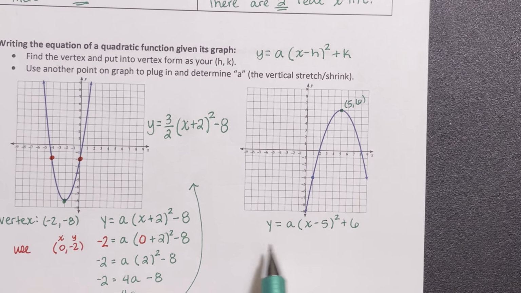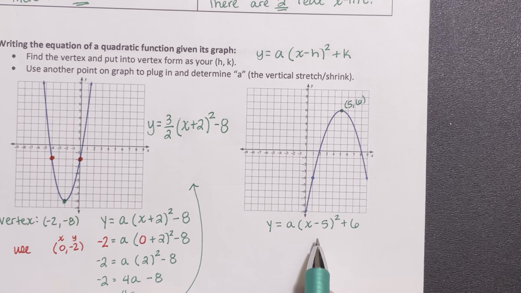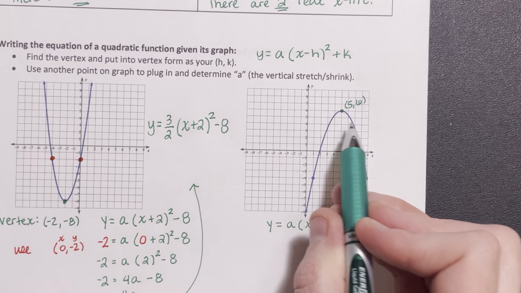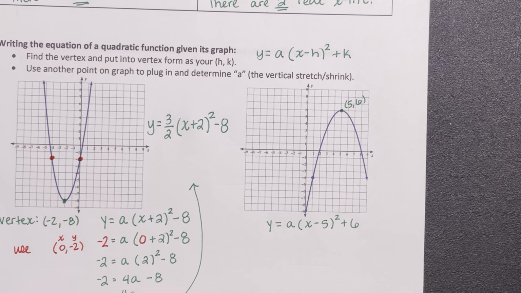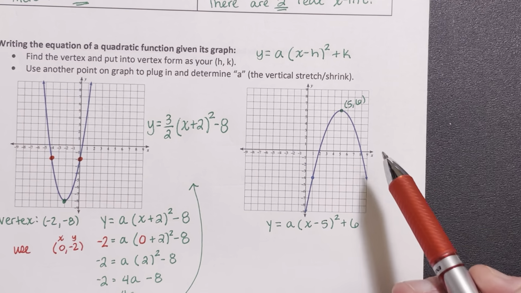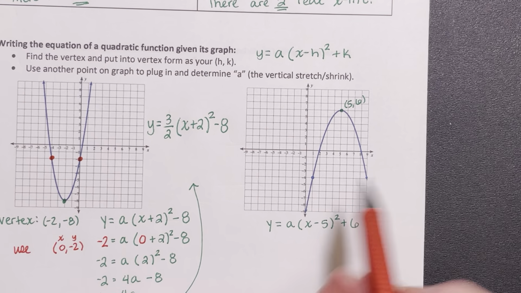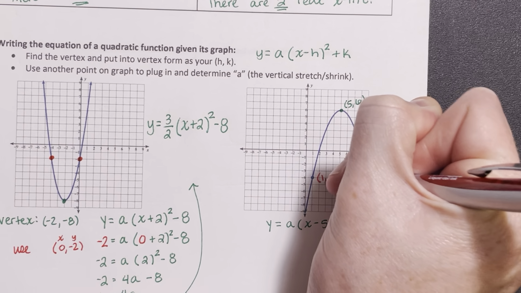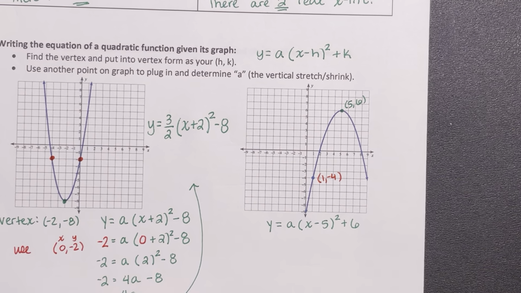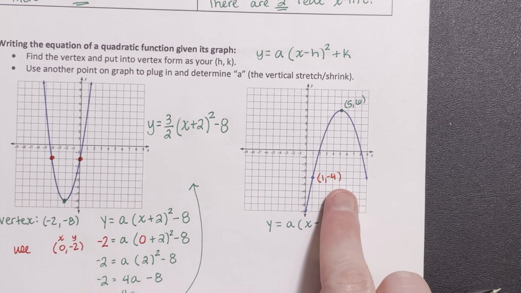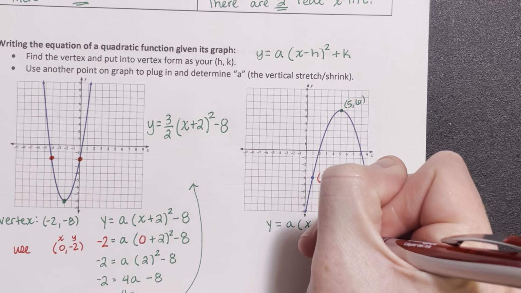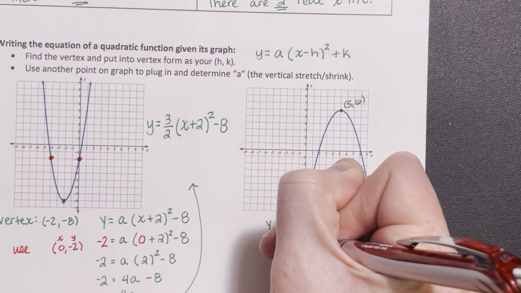We can already see that is a quadratic function shifted right 5 up 6, which is how we got to that vertex. But we need to figure out what the vertical stretch or shrink is, and I'm going to use this point 1, -4. If I'm using 1, -4, that means when x is 1, y is -4.